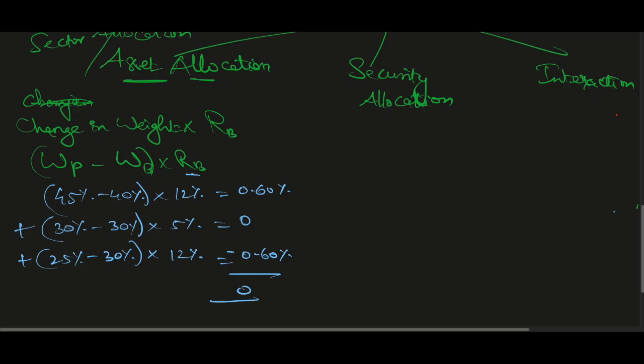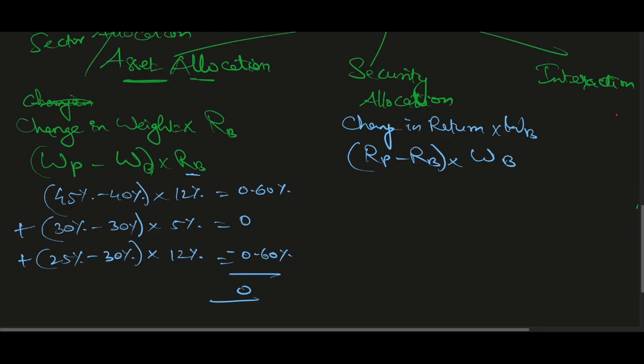Now because of security selection, this is change in return into weight of the benchmark. So change in return is return of the portfolio minus return of the benchmark into weight of the benchmark.